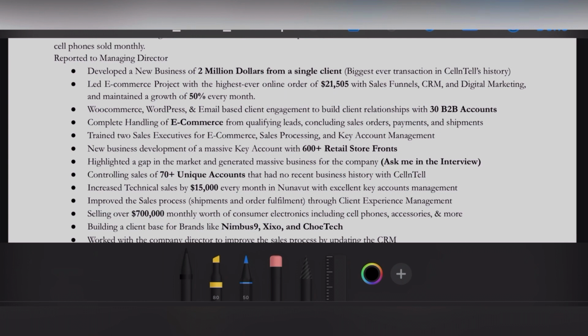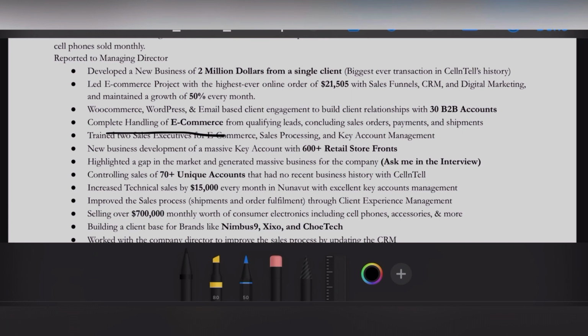Then led e-commerce project with the highest ever online order of 21,000. So 21,000 for the e-commerce project is a big thing. Okay, so this was one order, so I noted down that number. Then you see, this is what I did, but I included number, 30 B2B accounts of WooCommerce. Okay, then again, complete handling of e-commerce.